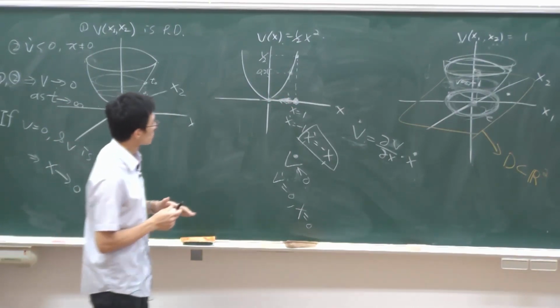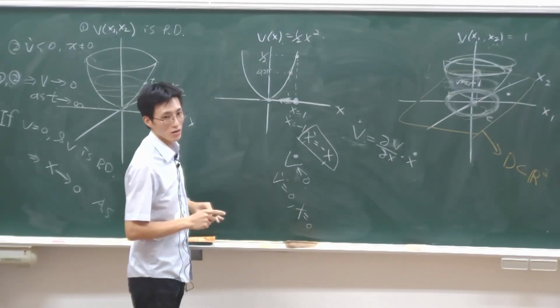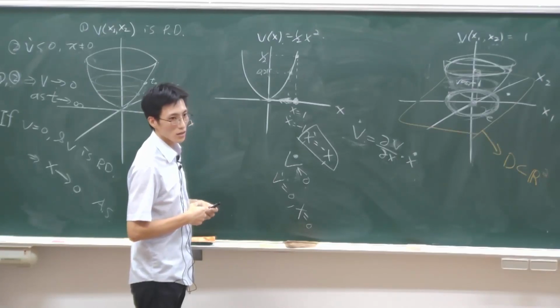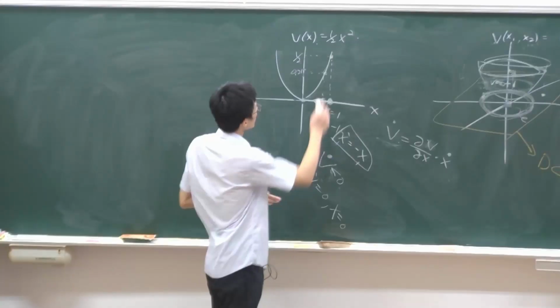Basically, this v function doesn't exist physically. It just helps you analyze the stability. This is the gradient of this virtual function. The second part is associated with the physical dynamics, which is this part. So what is the gradient of this function at this point?